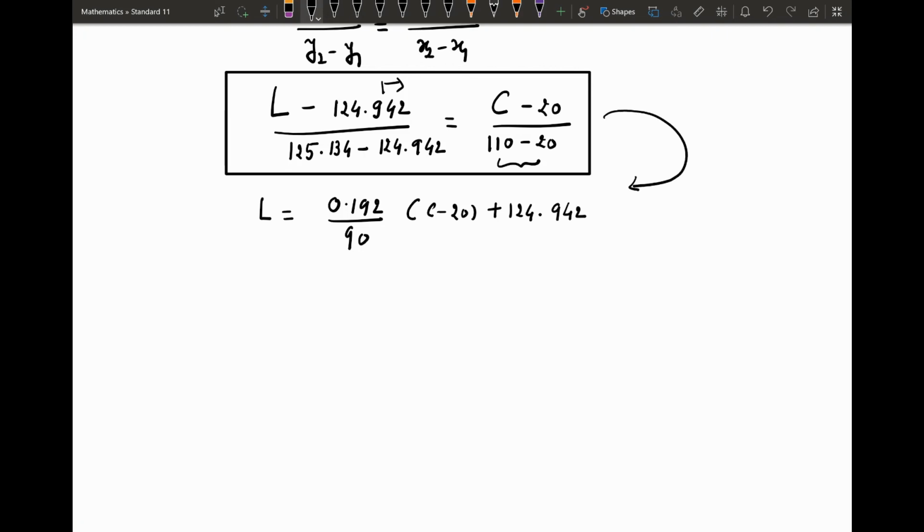Simplification of this one will give the required linear relation. So from the data we have considered 2 points, and to get the linear relation we have used the two points form. Next example.